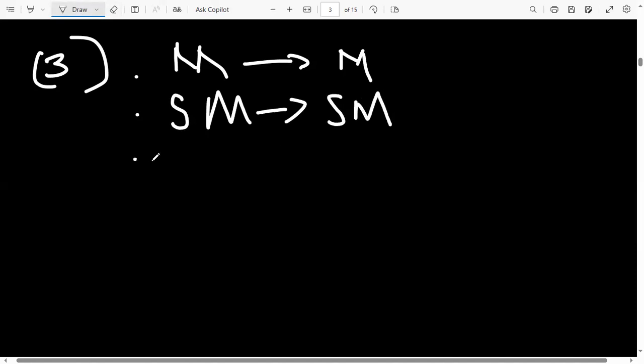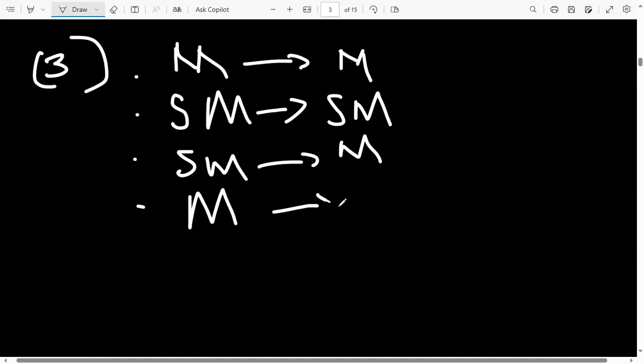Or from a submultiple to a multiple, or the fourth one, from a multiple to a submultiple. So these are the 4 situations that we have under the third category.